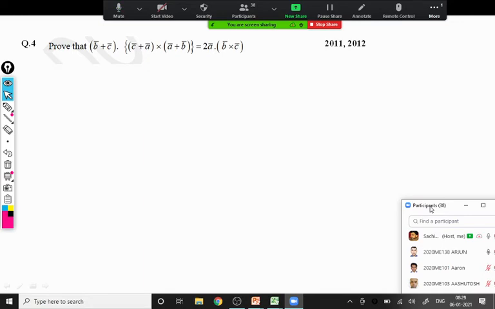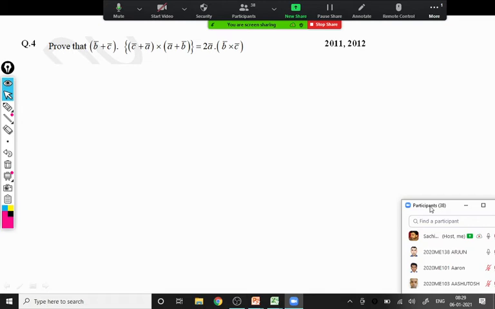It's a box product of B plus C, C plus A, and A plus B. We can consider B plus C, C plus A, and A plus B as L, M, N. And so the box product will be a box of ABC into then we can write 0 1 1, then 1 0 1 like that.